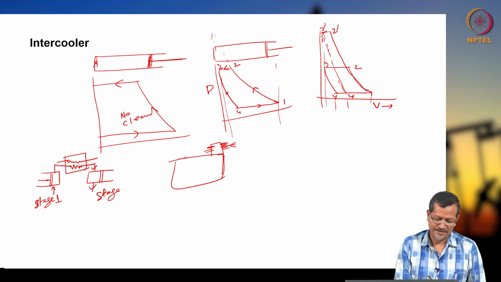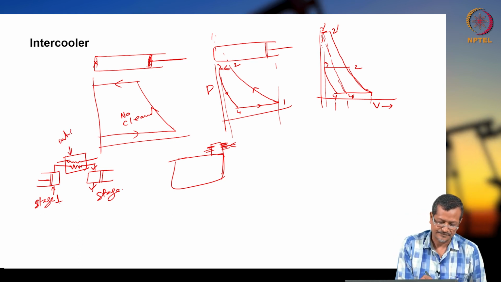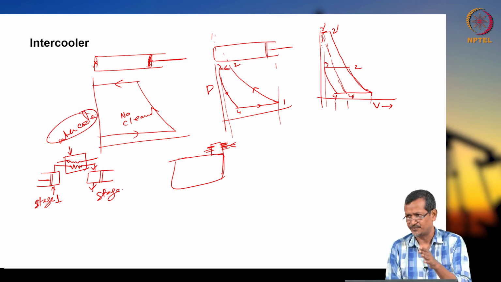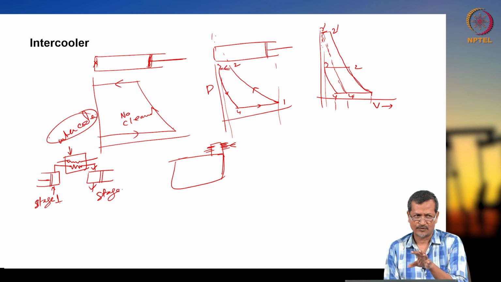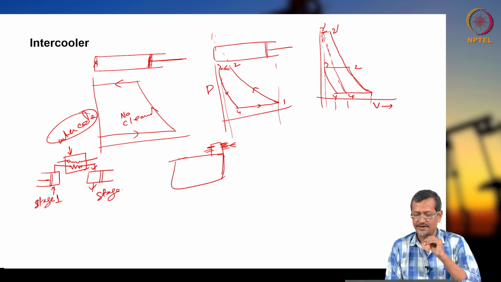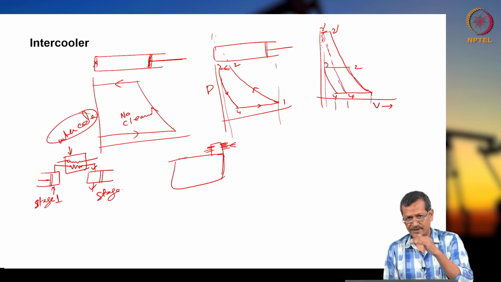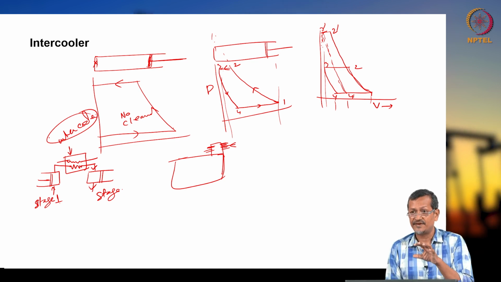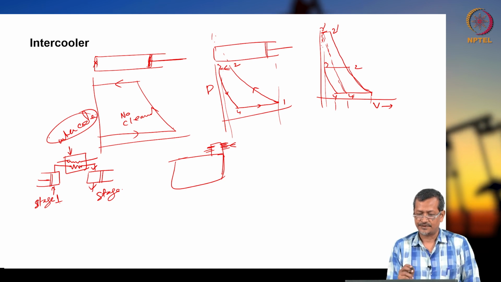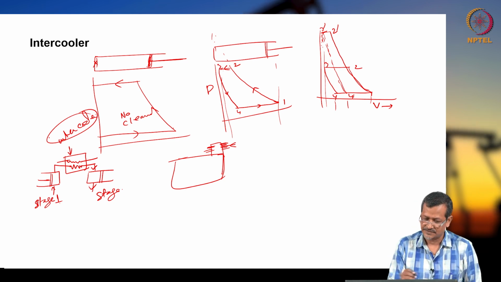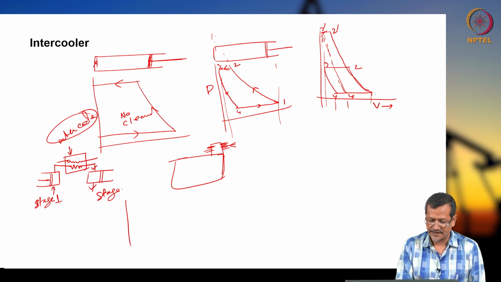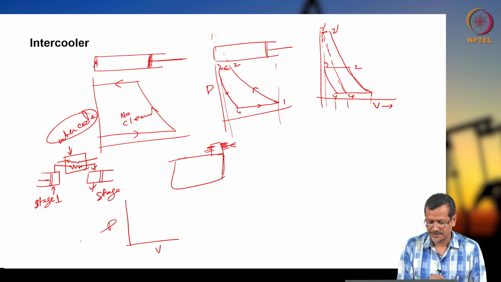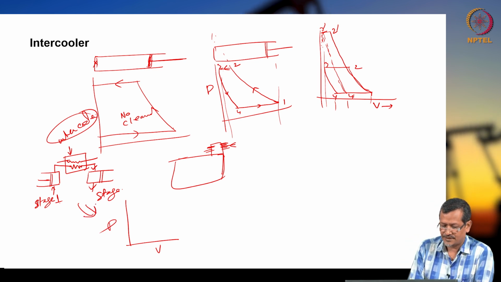So here one stage, two stage, this is the intercooler, okay. So whenever there is any compression system, reciprocating or centrifugal also, there will be a certain intercooler for reducing temperature, okay. If you are not reducing it, your performance will be down, okay. Now how to represent this in your PV diagram, okay. So in the single stage case, okay, the single stage PV diagram was like this, this is V, this is P, with intercooler, right.